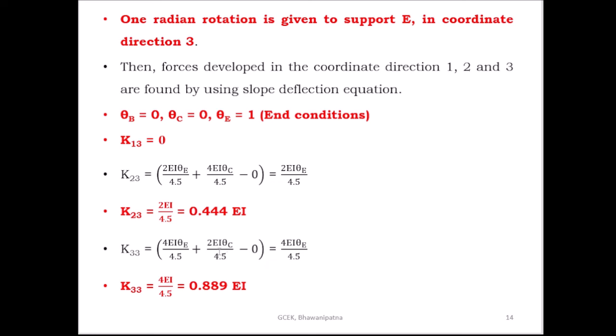So after putting the end conditions, the equation becomes 4EI theta E by 4.5. Then after putting theta E is equal to 1, K33 is equal to 4EI by 4.5. So this is equal to 0.889 EI. So this is the force at coordinate 1 due to unit rotation at coordinate 3, force at coordinate 2 due to unit rotation at coordinate 3 and force at coordinate 3 due to unit rotation at coordinate 3.